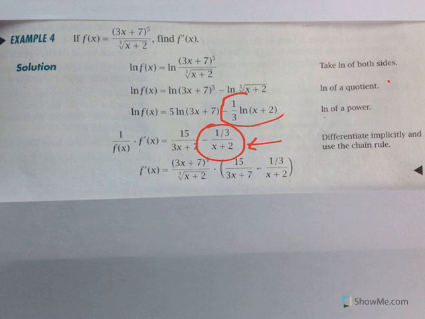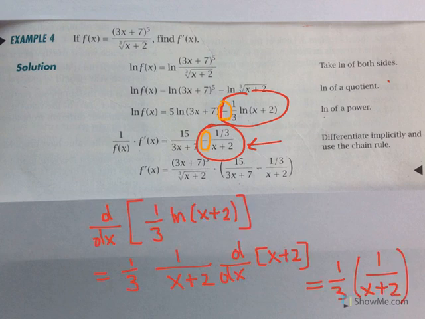How do we get this? It is the derivative of 1/3 times the natural log of x plus 2. And of course, the minus sign here is carried over here. So the 1/3 is a constant multiple, so you can factor it out, and then the derivative of natural log is 1 over the argument.